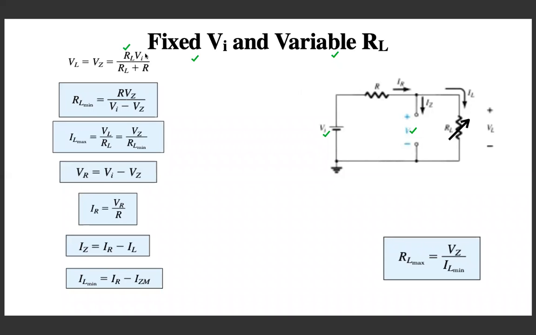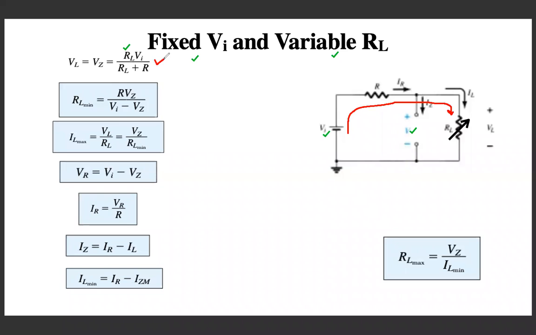It was Vi divided by RL plus R. So this is the input voltage divided by R plus RL. That will give us the current IR and IL, which are the same in this case. So this is the first equation.